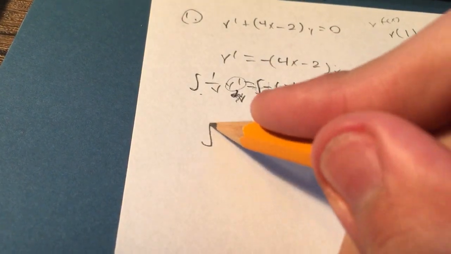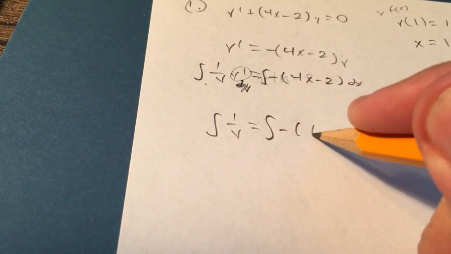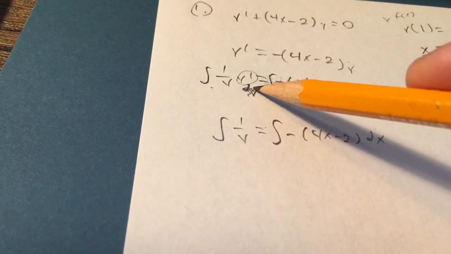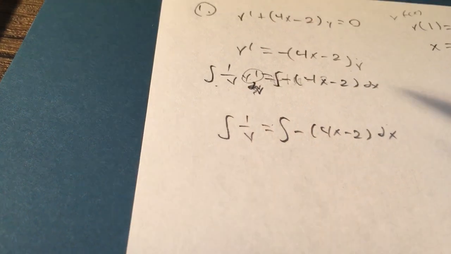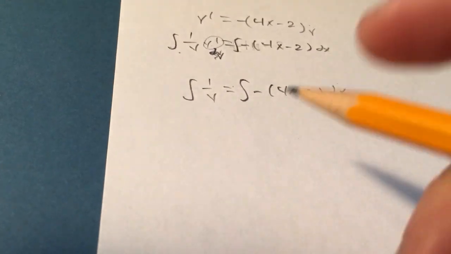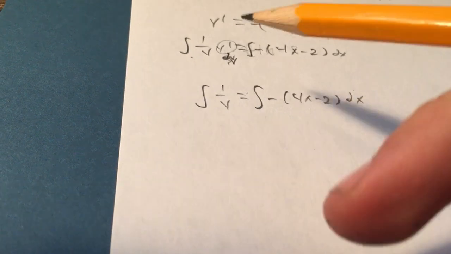So you really just get left with 1 over y equals the antiderivative of negative (4x minus 2) dx. I don't know why it just goes away, but it does, so don't question it. Just do it.